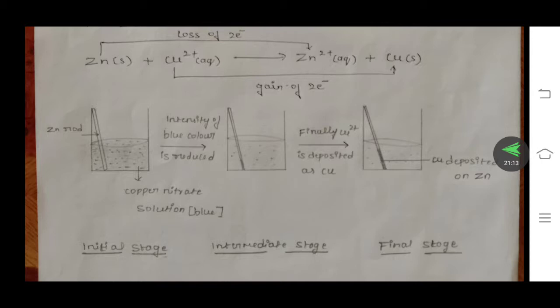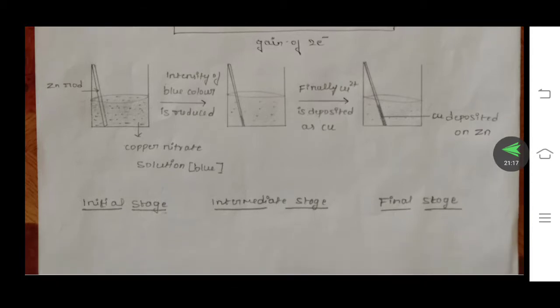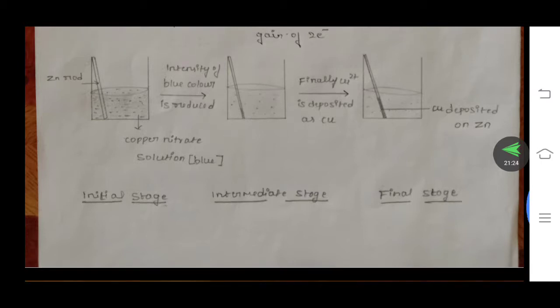Finally, Cu2+ ions are deposited as Cu. Now see the final stage, in the third beaker. Cu is deposited on the zinc rod.